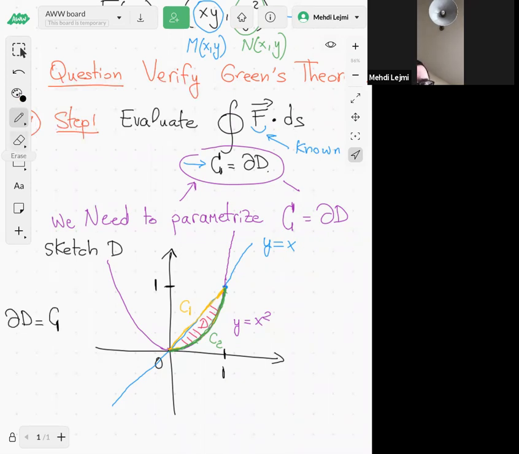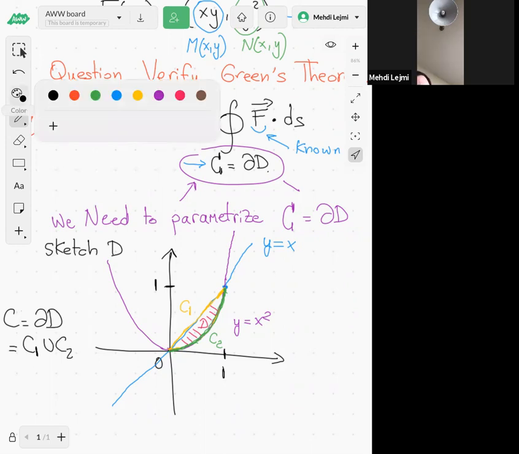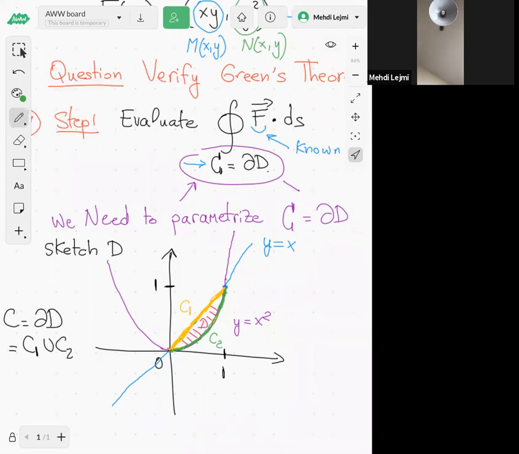The boundary of D, which is C, is the union of C1 with C2. C1 is this line segment here, and here's C2. This boundary of D is closed and a simple curve.